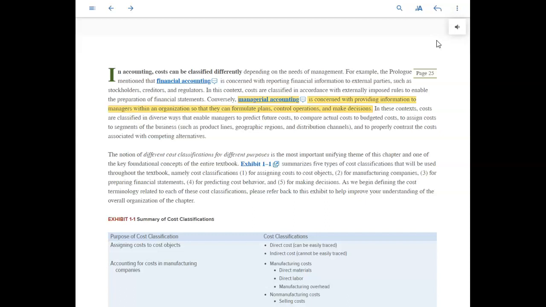Now in this class, we can have reports prepared any way we would like that give good guidance and good information to managers for those decision-making purposes. So as it says here, managerial accounting is concerned with providing information to managers within an organization so that they can formulate plans, control operations, and make decisions. Now, we can prepare statements and reports any way we would like if they're kept within the company.